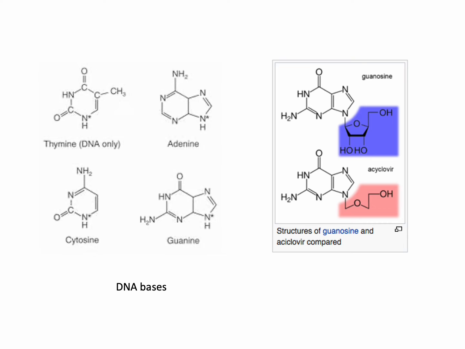Here is acyclovir, and I should point out here that there are two spellings of the word. One of them begins ACI, as you see here. Another common spelling is ACY. Whatever, either one is fine.